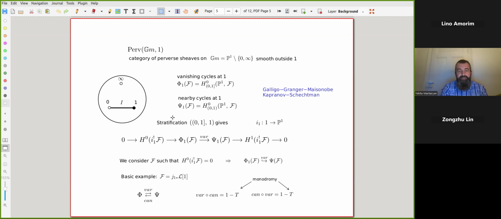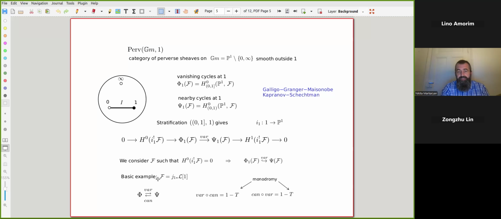Nearby cycles are just the fiber at a point which is infinitely close to 1, and vanishing cycles are defined as this cone. For technical reasons, it's useful to consider only such sheaves where this thing vanishes, which means that var is now an inclusion.